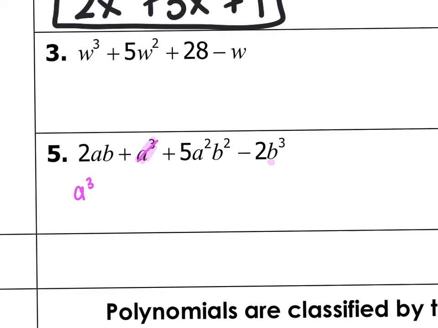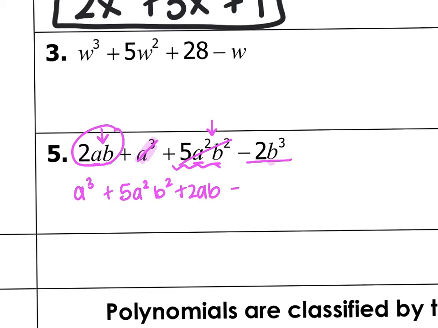Then I have an a and a b and an a to the second and a b to the second. So this is bigger than my ab. So I'm going to write plus 5a to the second, b to the second next. Then I have 2ab. And then lastly would be this b cubed all by itself.